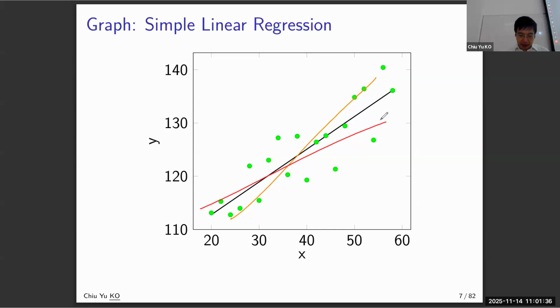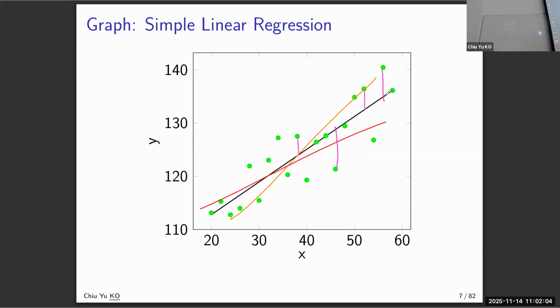The criterion we use is to look at the vertical distance. Why in particular pick the vertical? For example, why don't we do horizontal, or perpendicular? There are many other choices.